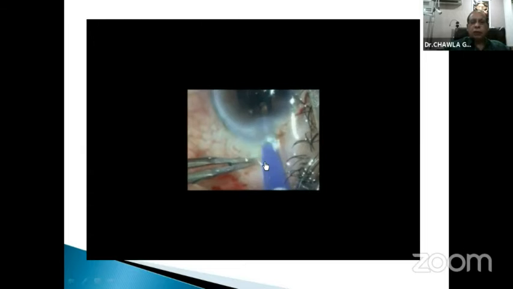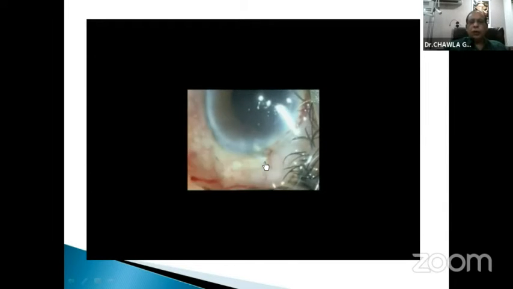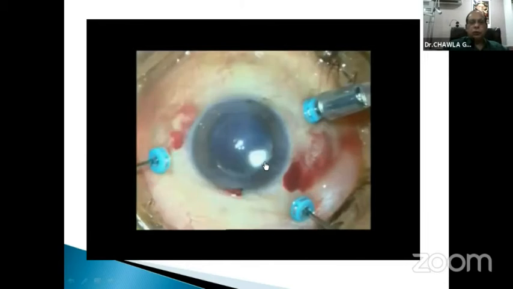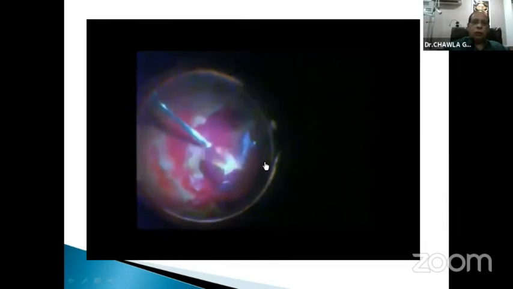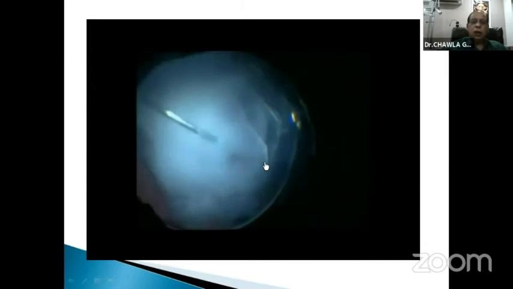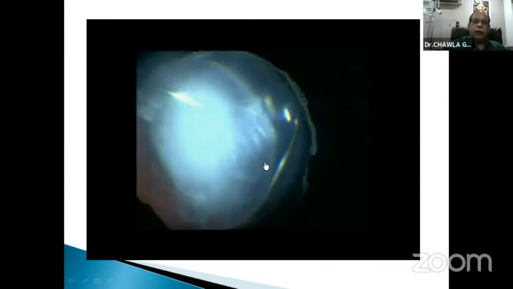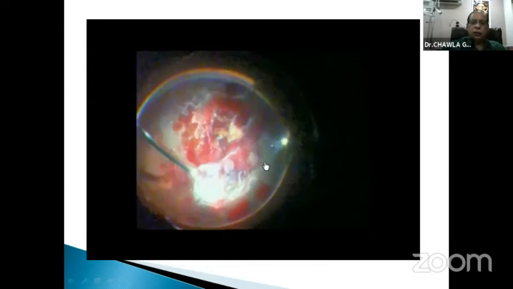After completing our phaco, we are going for the vitreous surgery. In this particular case, we have used 25G 3-port standard vitrectomy, removing all possible vitreous. We have used Triesence to identify the posterior hyaloid and induce the PVD.